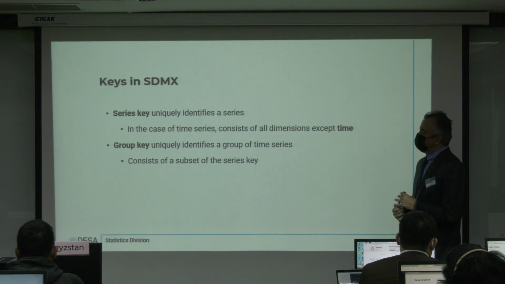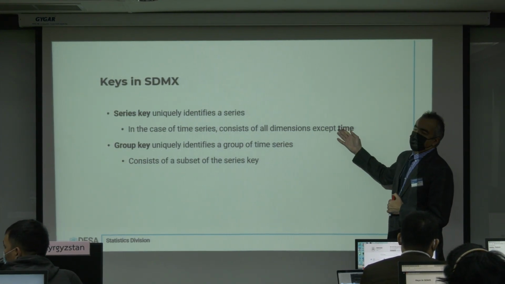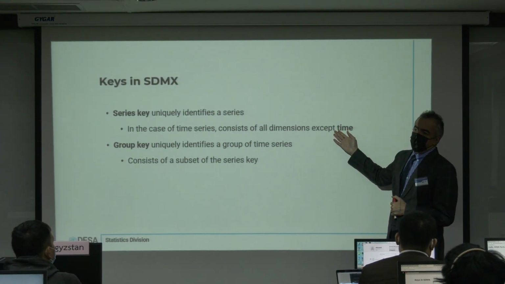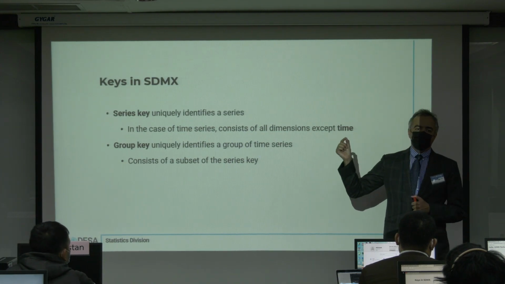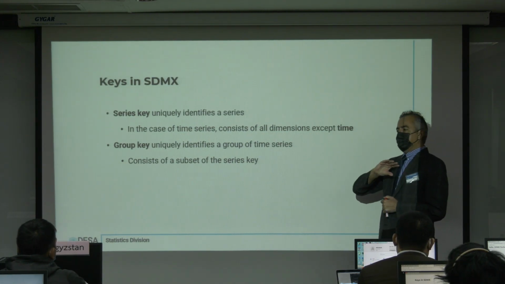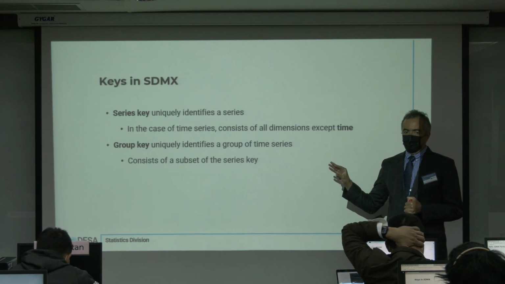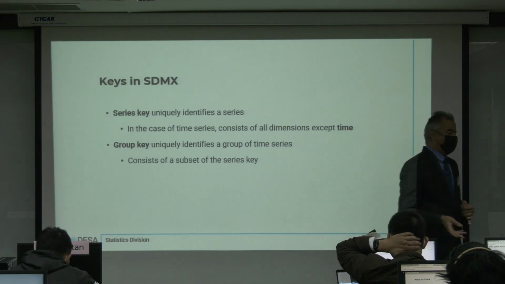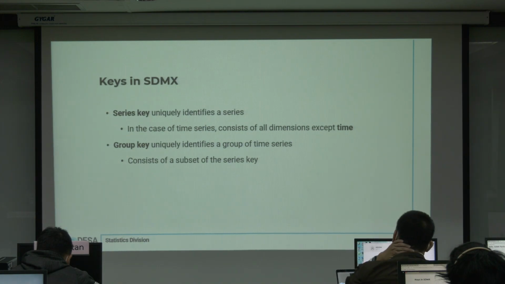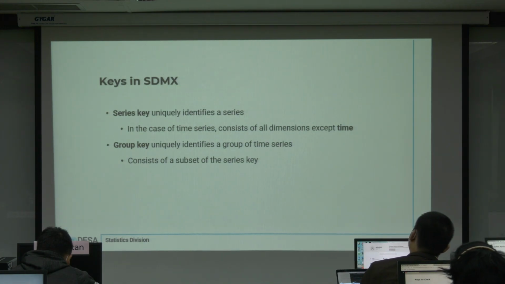So what it means is, a series key does not identify a single observation, but it will identify all observations that belong to a time series, that is, all observations which differ in their time dimension.